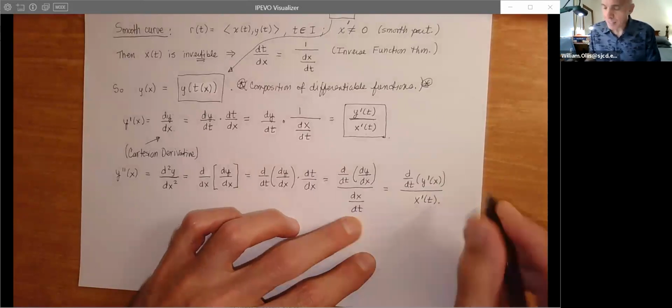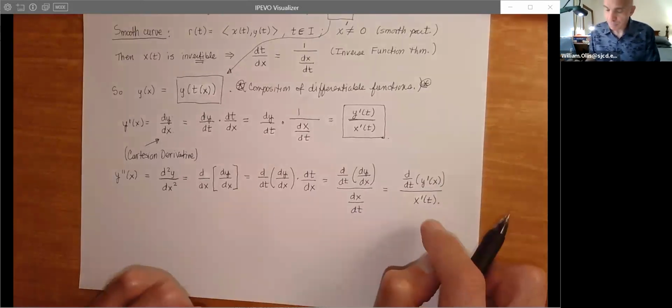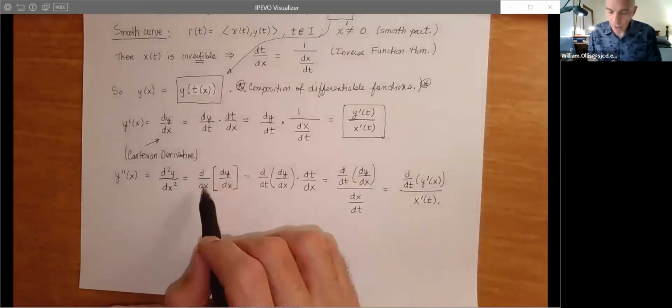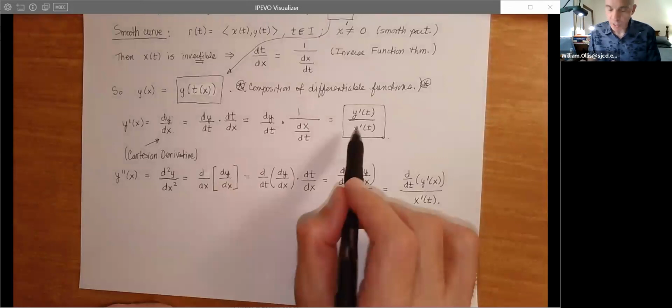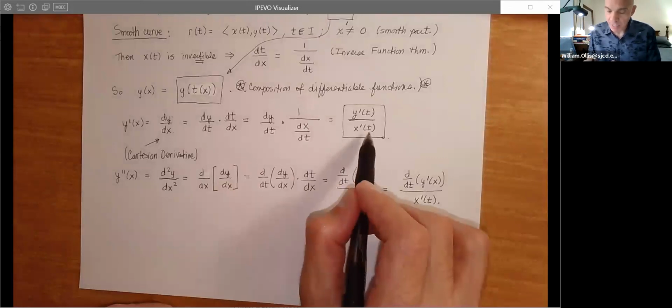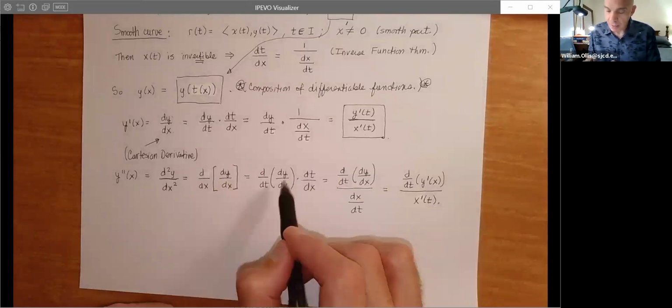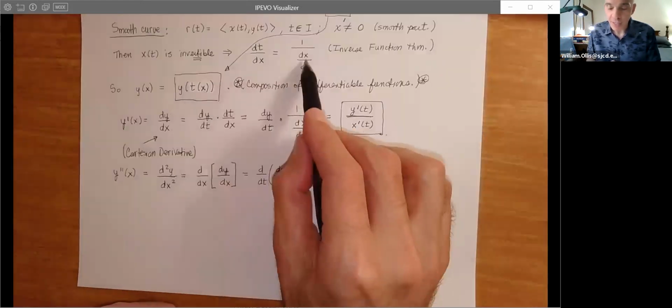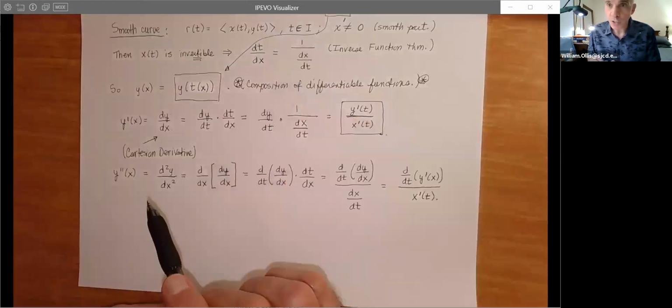So we basically iterate the process. We do the process again, where now we're taking the derivative of what we just computed. So we take the t derivative of this, and then by the chain rule, we again have the x derivative of t, which is what? The t derivative of x, 1 over that, by the inverse function theorem.